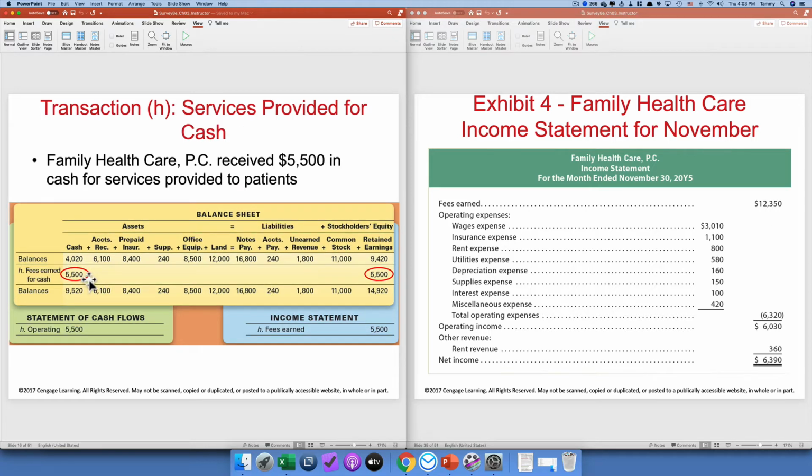And then we also took in some cash for our fees. So we add those two together, and again, that shows up as part of this $12,350. So we have some that we billed, some that we got cash for, and then if I'm remembering right, there was another transaction where we haven't even issued the bills yet.